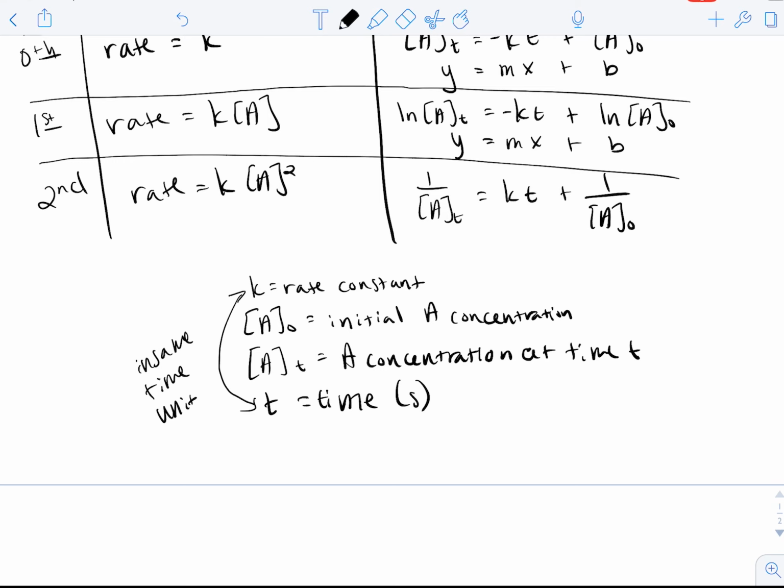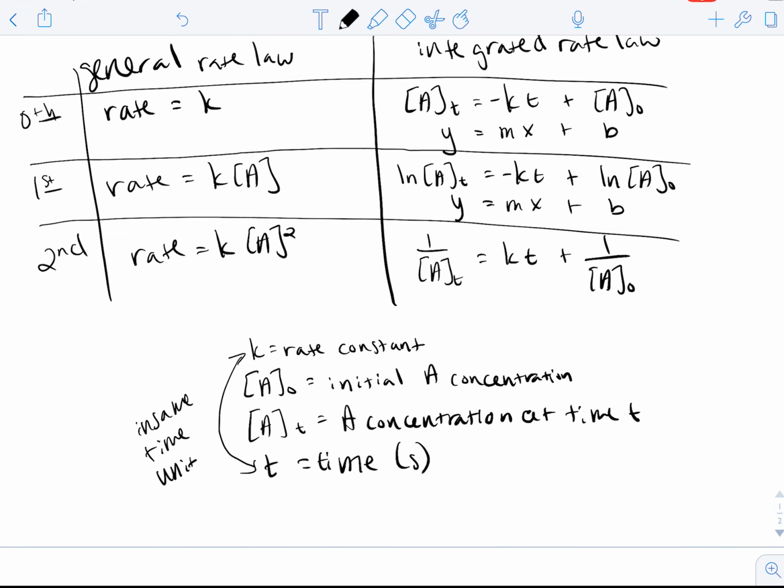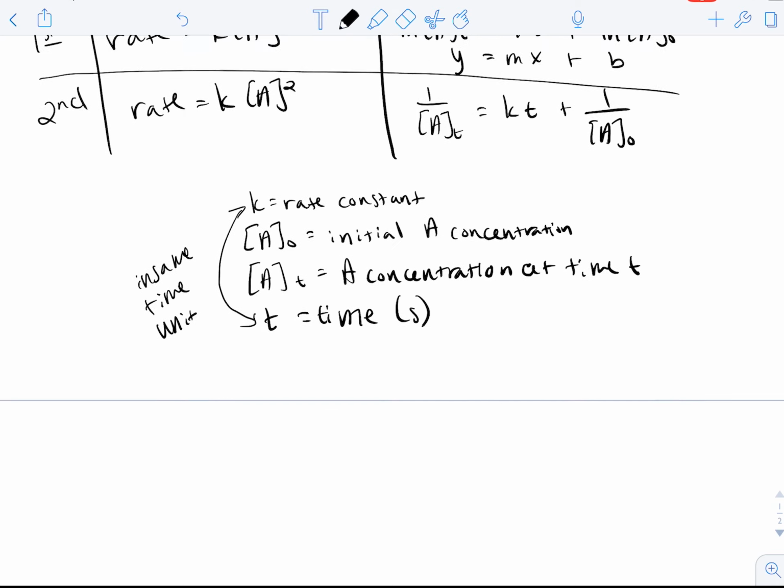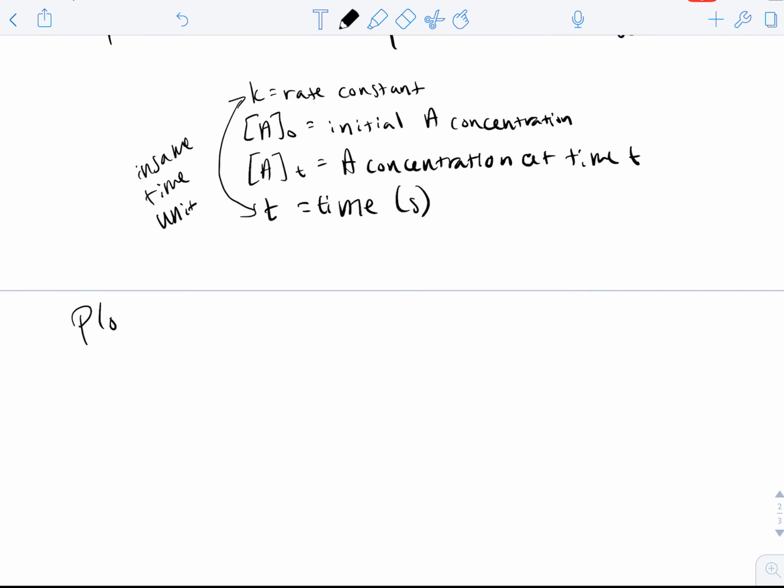Okay, we can plot our integrated rate law. So when we plot these, we can actually tell what type of order we have for our reaction by what gives us a linear plot.